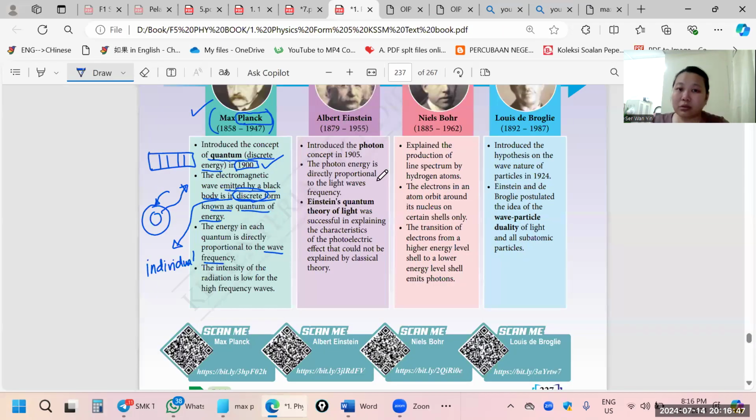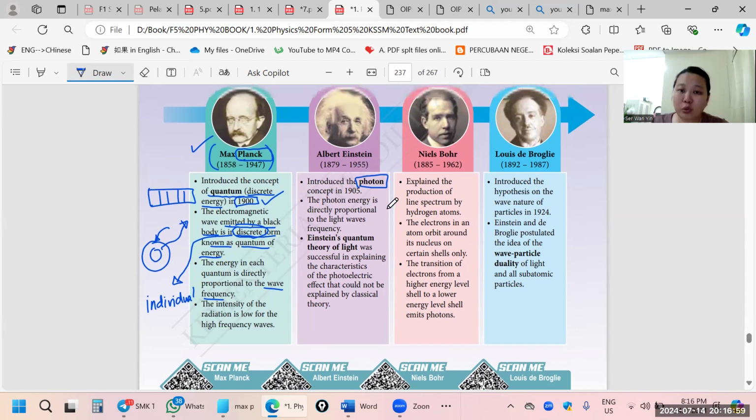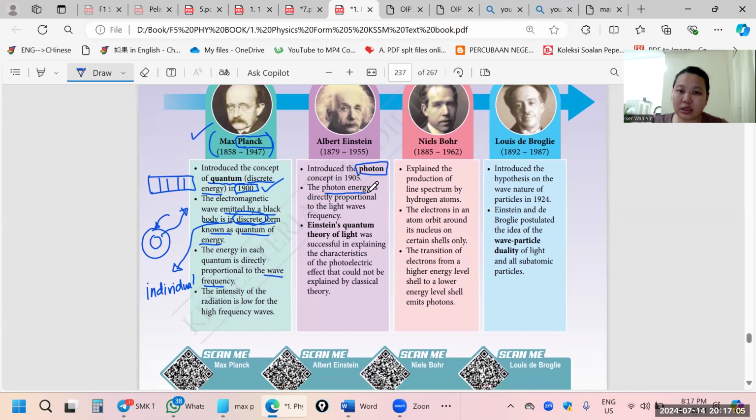Now comes to Einstein. He introduced the concept of photon after 5 years. Photon, not protons. Photon means the light energy. Photon energy is directly proportional to the frequency. That's why just now I told you, you must remember UV has the highest frequency, and violet light has the highest frequency among visible light.